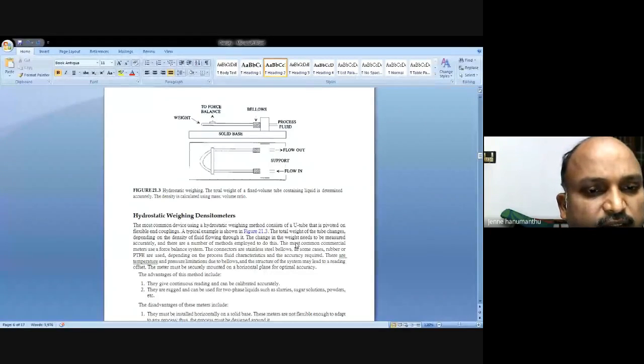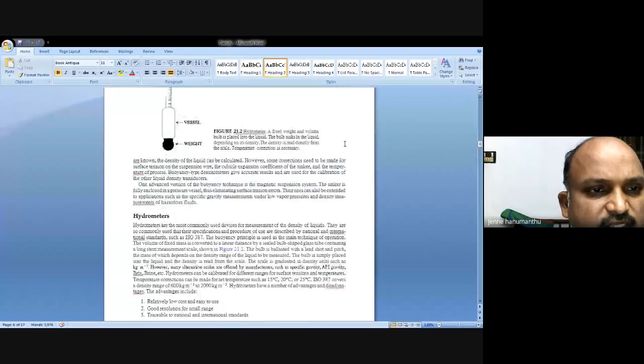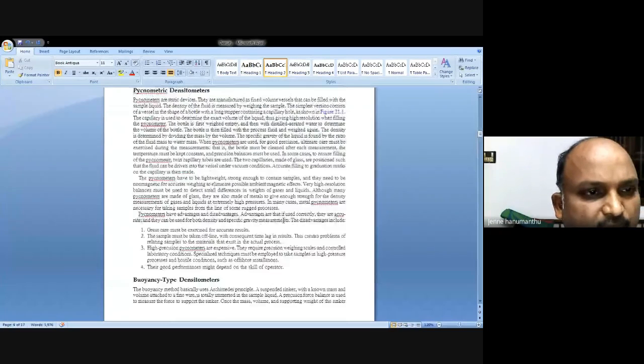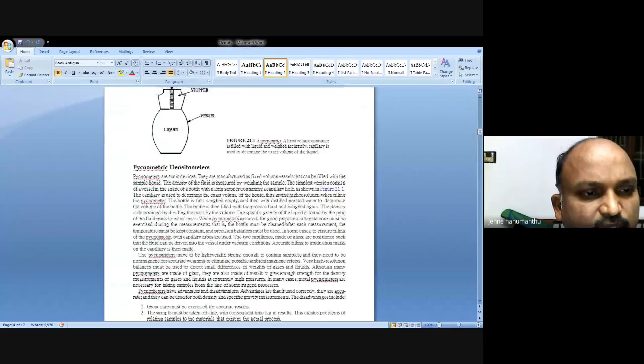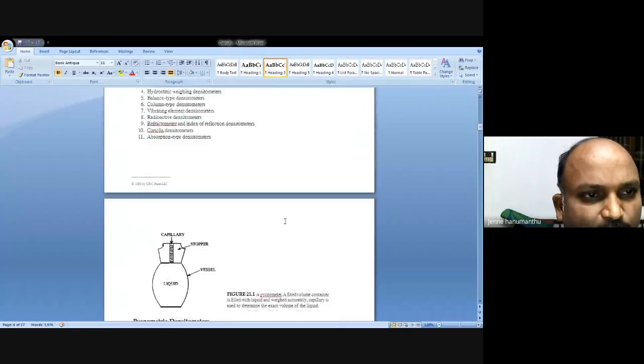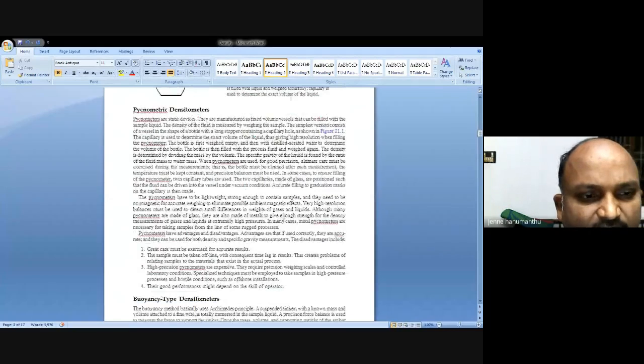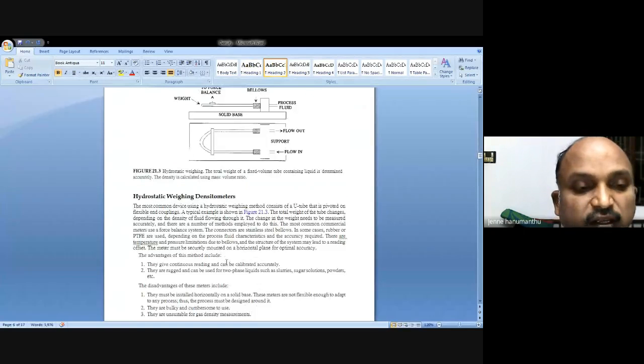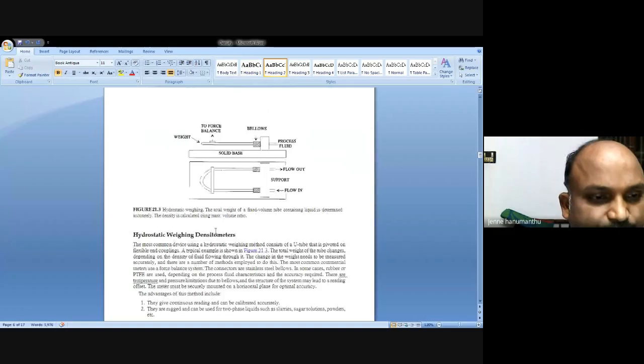Yesterday we covered the hydrometers, Beyonce type, and cyclometer. Today we'll see the hydrostatic weighing density meter. This is a hydrostatic type, pressure head type. See the diagram, hydrostatic weighing density meter.